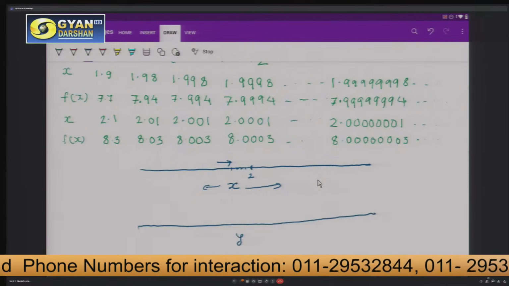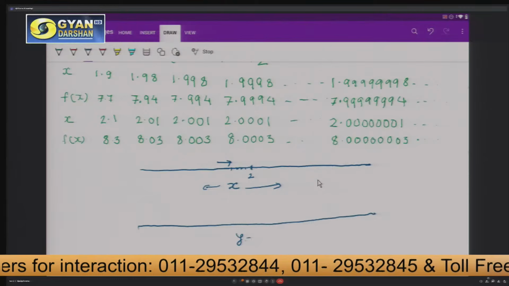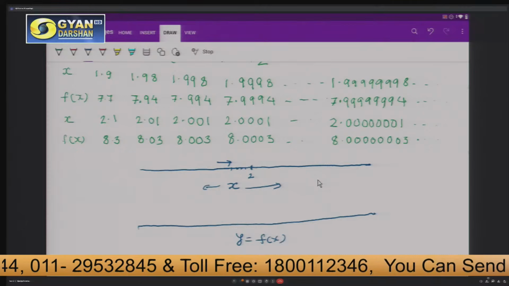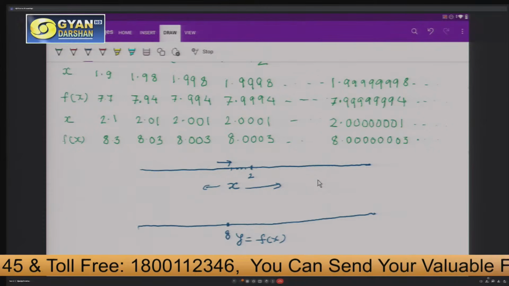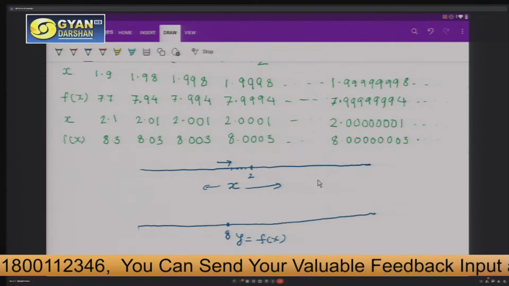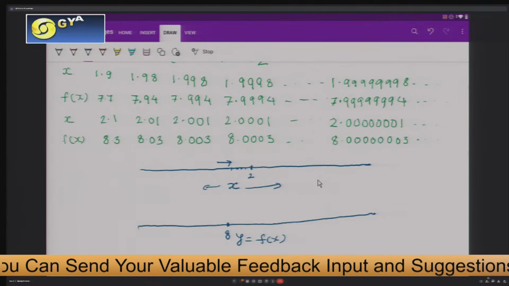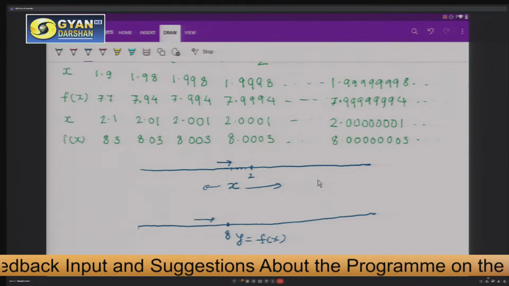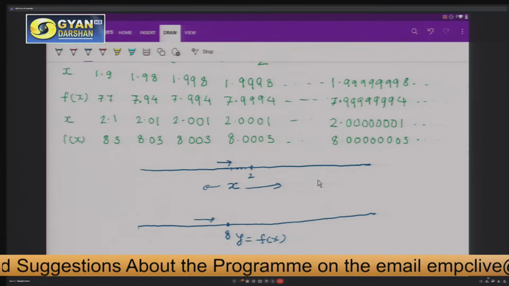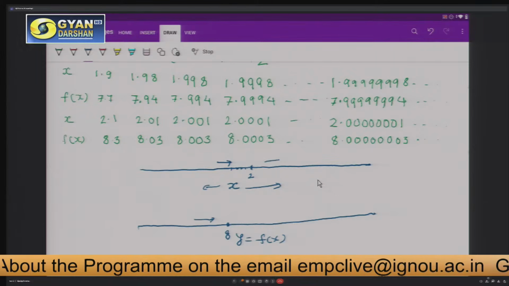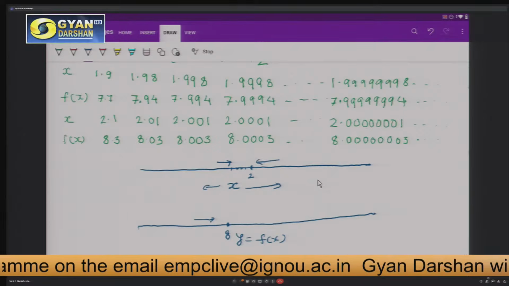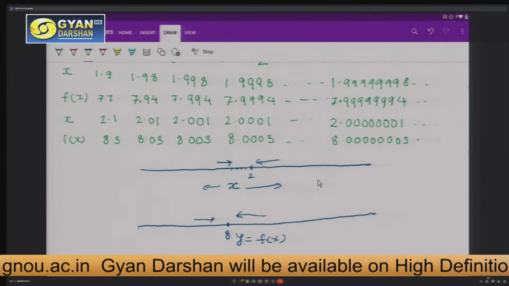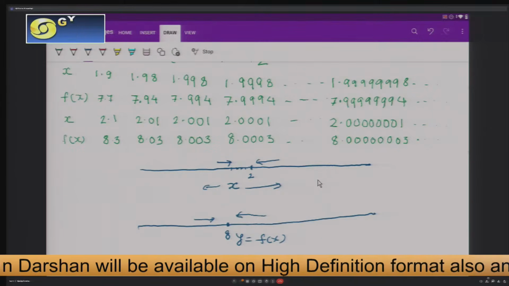So as x goes nearer to 2, y becomes nearer to 8. And again from the right side, as the value of x approaches 2, the value of y approaches 8.